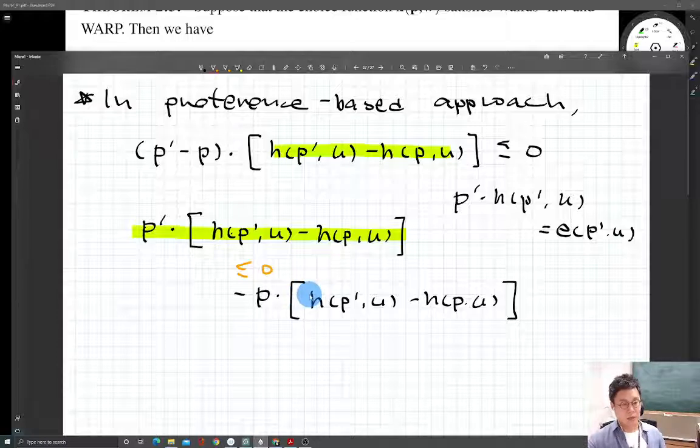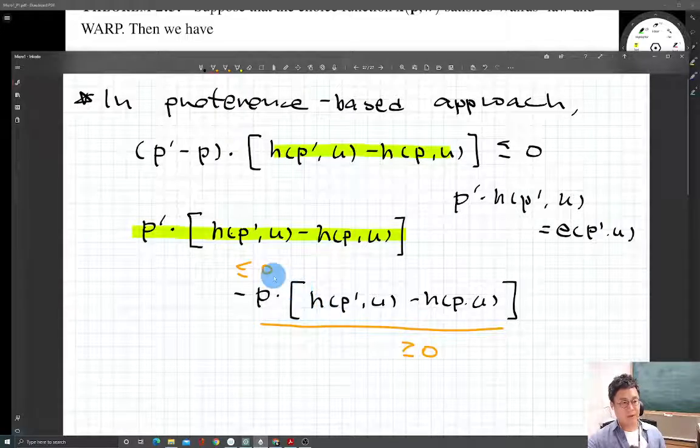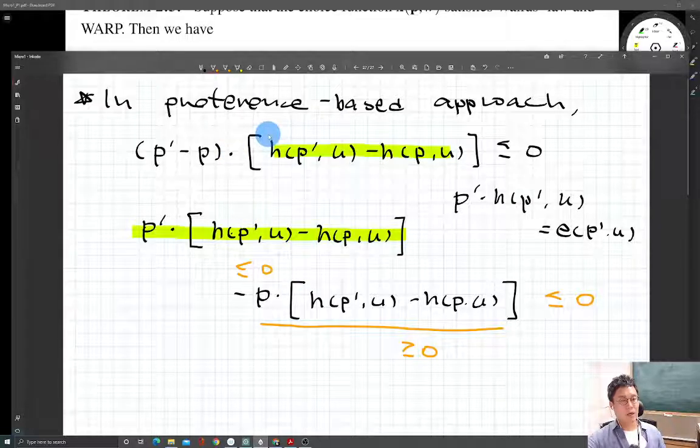So this one is clearly positive. We take away some positive number from a negative number, so the total quantity should be negative. So that's the way to establish the law of compensated demand in the preference-based approach.